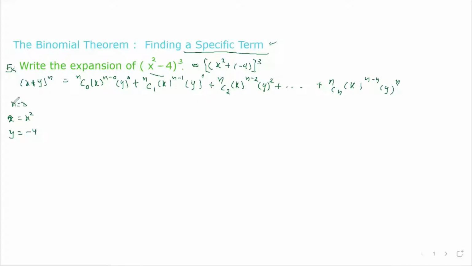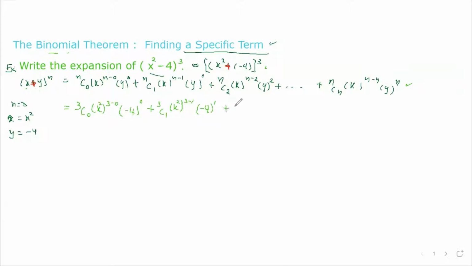So then we can compare: n is 3, x in the formula is x power 2, and y here equals -4. Then we replace in the formula. 3C0, x becomes x squared, power 3 minus 0, and y is -4 power 0. Second term, plus 3C1, x squared power 3 minus 1, times -4 power 1.